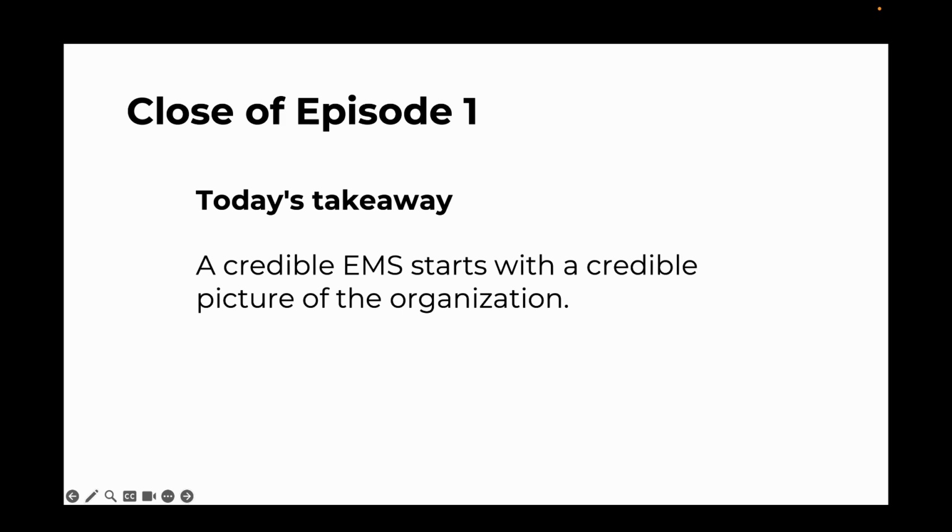Now, let me close with the main idea of episode 1. A credible EMS starts with a credible picture of the organization, not with generic templates, not with random registers, not with premature documentation.